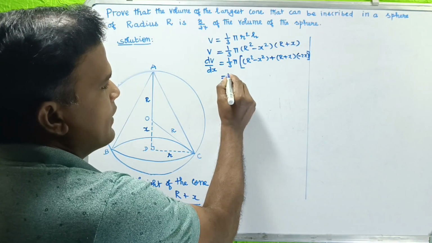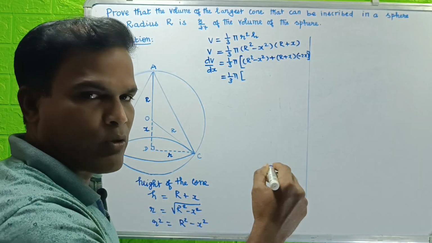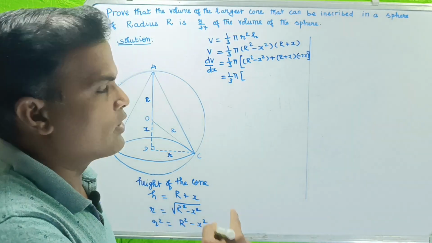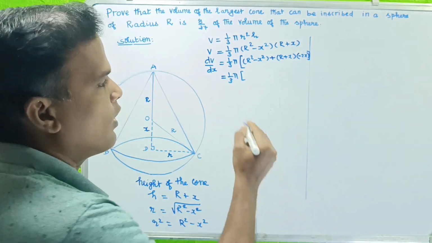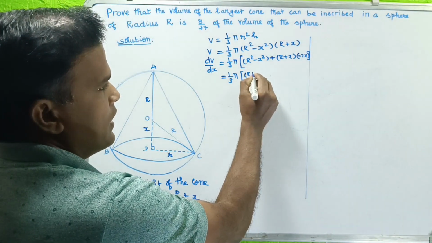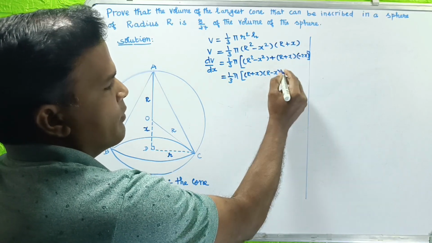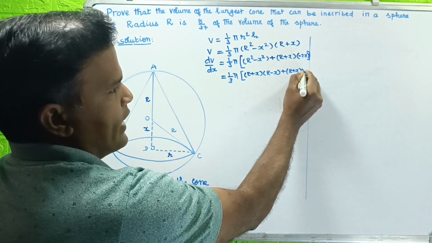So 1 by 3 pi into R square minus x square. It is looking like a square minus b square, so we can write a plus b into a minus b. Similarly, R square minus x square we can write as R plus x into R minus x. Similarly here, R plus x into minus 2x.